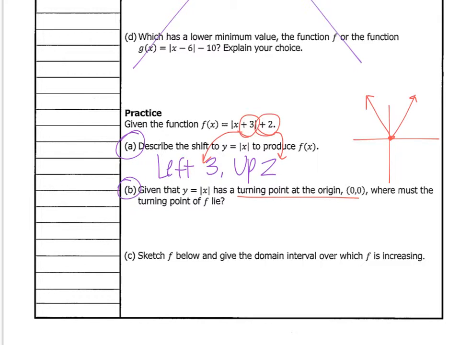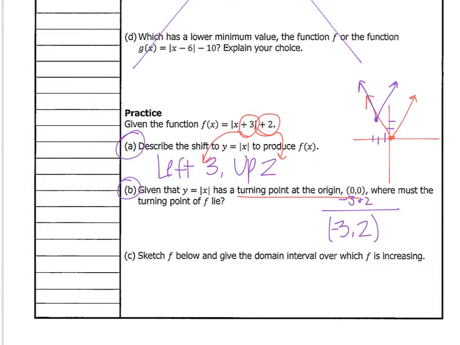But we just said that we're moving towards the left 3 and up 2. 1, 2, 3, up 1, 2. So our new vertex or turning point is over to the left 3 and up 2. So that means I went negative 3 and positive 2. So this new turning point should be at negative 3, positive 2.